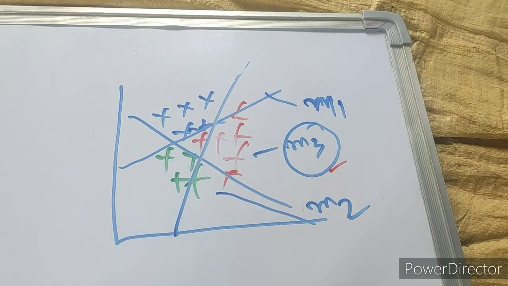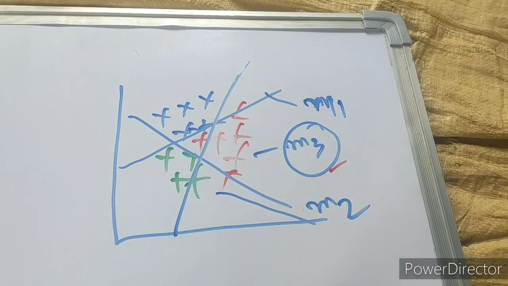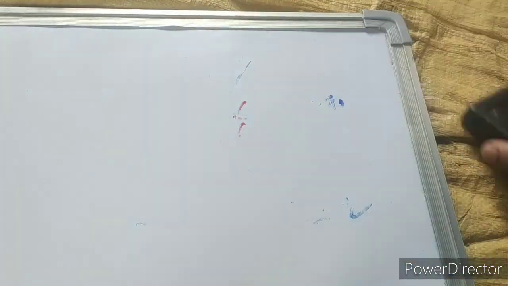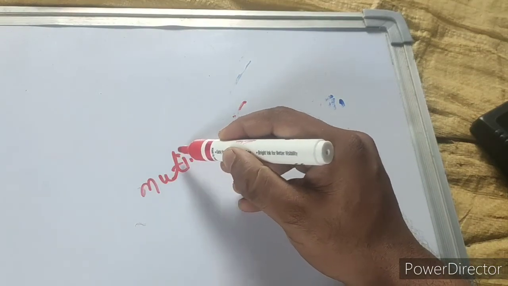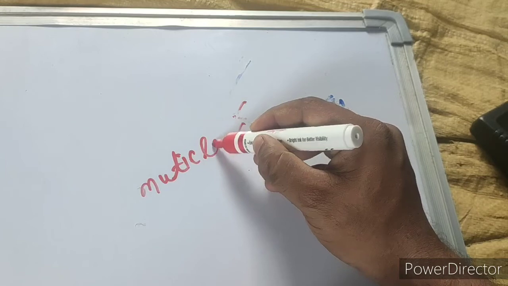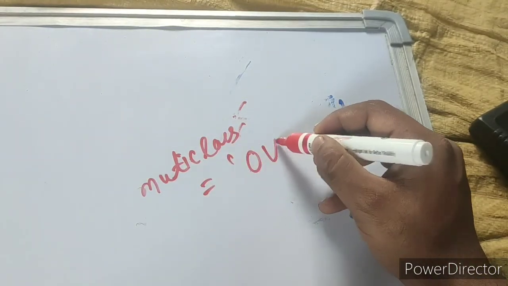So when logistic regression is actually applied in a multi-class environment, a parameter has to be set. That parameter is the multi-class parameter, and it has to be OVR.